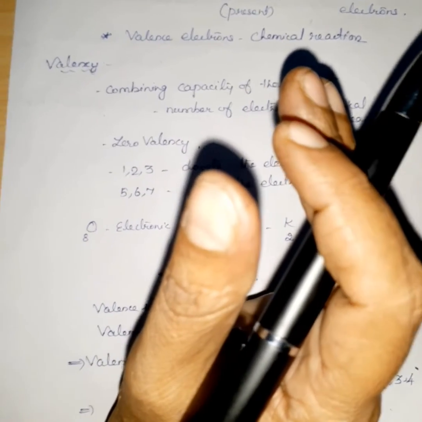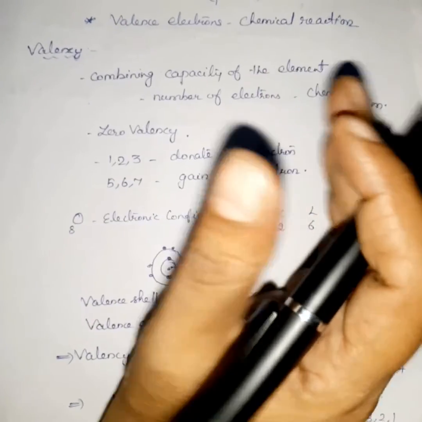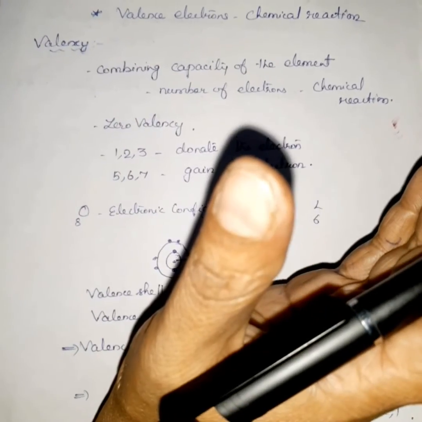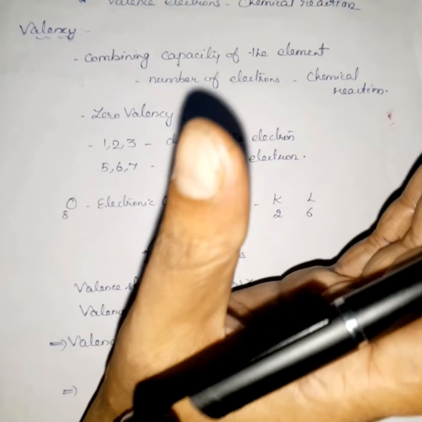Once again, the valency of an element is measured by its combining capacity with other atoms when forming a chemical compound.